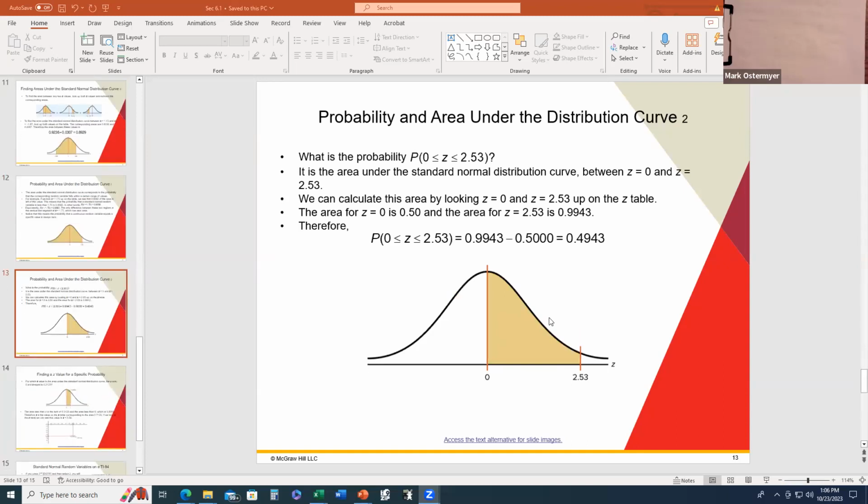Hey, let's try this one. Ladies and gentlemen, now they want you to compute the probability that z lies between 0 and 2.53. In other words, they want us to compute this shaded area underneath the curve. And again, to compute this area geometrically without using a calculator or a table, you'd have to use integral calculus. But here's the problem.